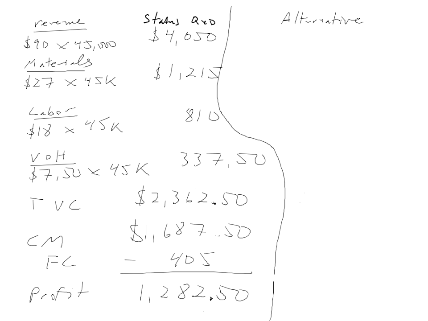But now we're just going to add the costs and the revenue for the extra 3,000 units. So for the alternative revenue, remember that we're going to sell units for $63, and we're going to do 3,000 of those units. So $63 times 3,000.